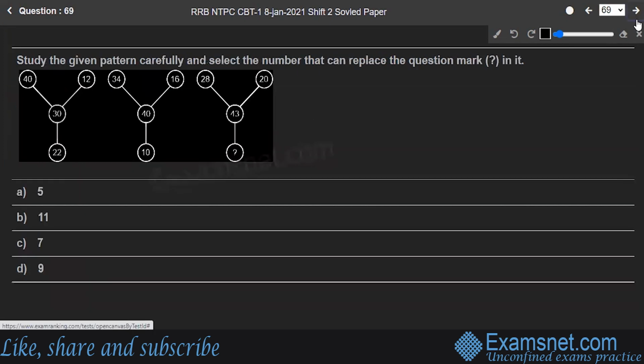Hope you understood that. Next is question number 69. You have to study the given pattern carefully and select the number that can replace the question mark in it. So you have to find out what will come in the place of the question mark. Let's go. When we study the first figure, the logic is: 40 plus 12, I add both of them and subtract this 30 from it.